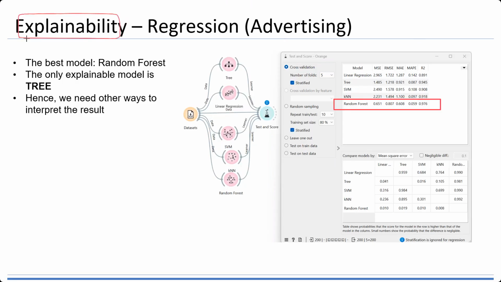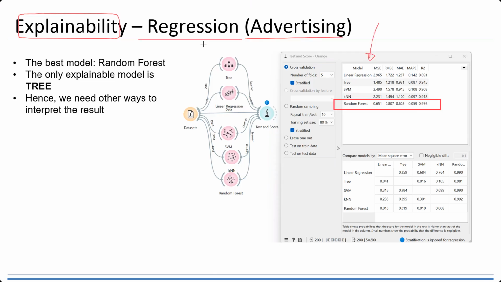We want to know the description about the result. So if you look at this table, I'm using the advertising data set, and I'm using regression. Do you remember what regression is?